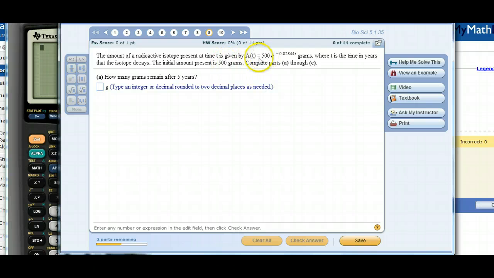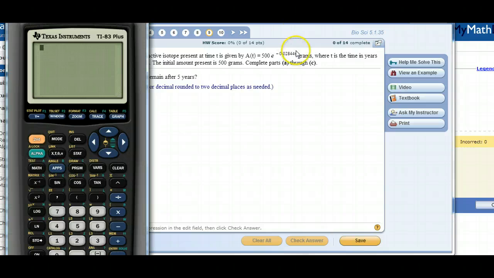Initial amount present is 500. That number out front is always your initial amount before the decaying process starts. How many grams will remain after 5 years? That literally means just plug in 5 where that t is. So 500 times e to the power of negative 0.02844 times t, which in this case is 5.